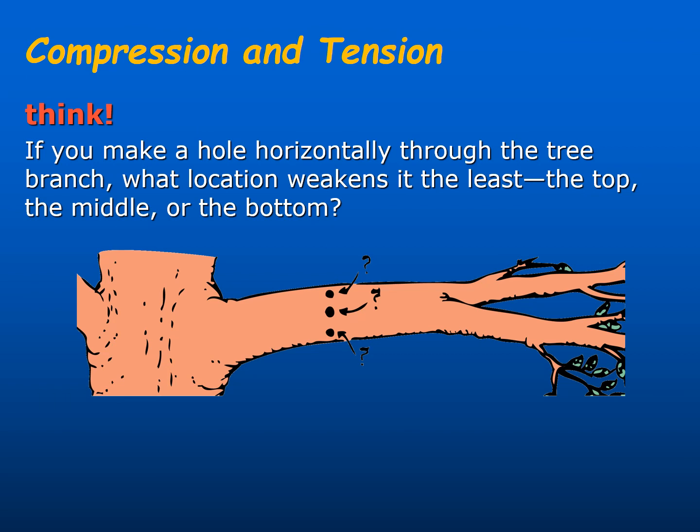Think. If you have a tree, and we make a hole horizontally through the tree branch here, which location weakens it the least? The top, the middle, or the bottom?